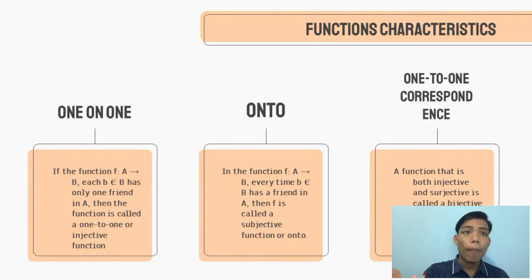And the second one is the surjective function, or onto. If for the function, every element in B has a partner in A, then f is called a surjective function, or onto. And the third one is the bijective function, or one-to-one correspondence. A function that is both injective and surjective is called a bijective function, or one-to-one correspondence.